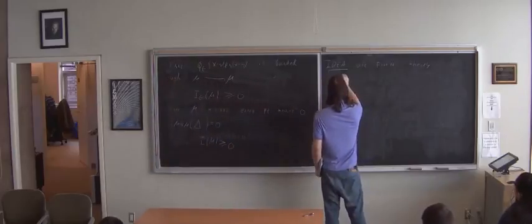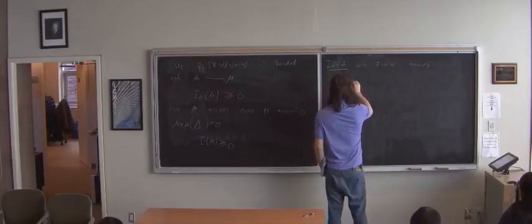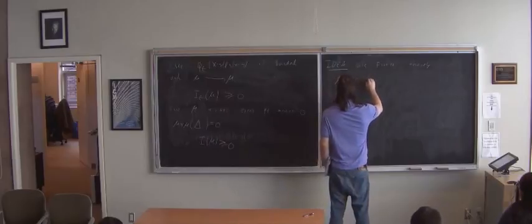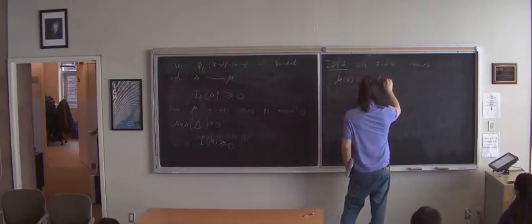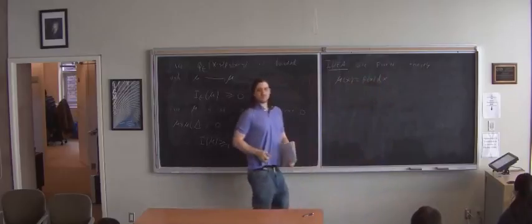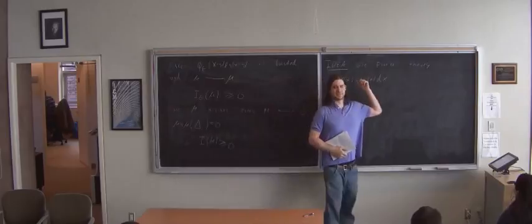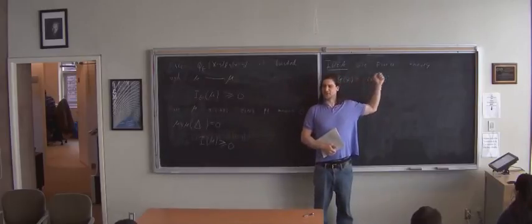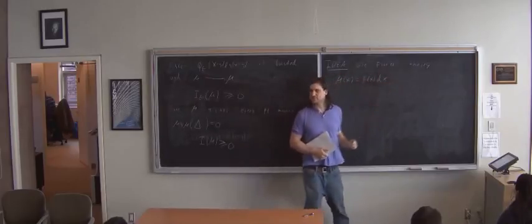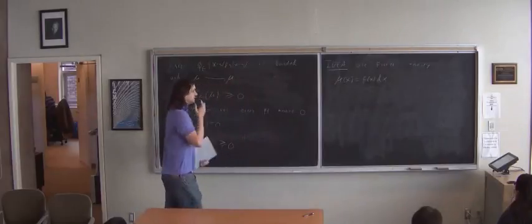So if we write mu of x is f of x dx. So pretend that somehow we know that mu is an absolutely continuous measure, for example. Then we can write mu in this form.